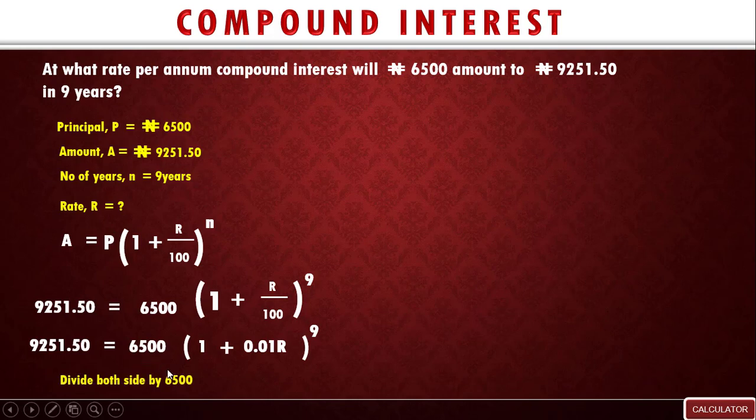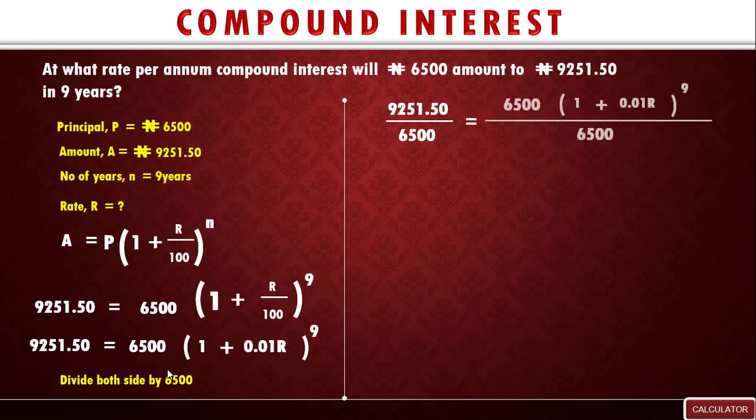So divide both sides by 6500, and then we have something like this, 9251.50 all over 6500. This is the left hand side, equals to, then the right hand side we have 6500 into bracket 1 plus 0.01 R all raised to power 9, then divided by 6500.